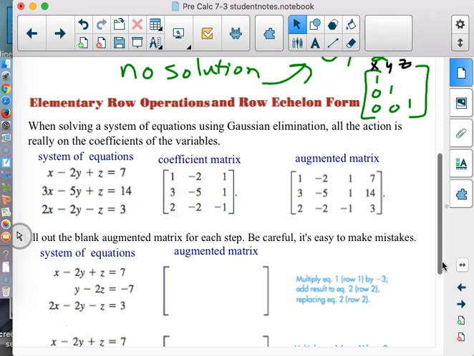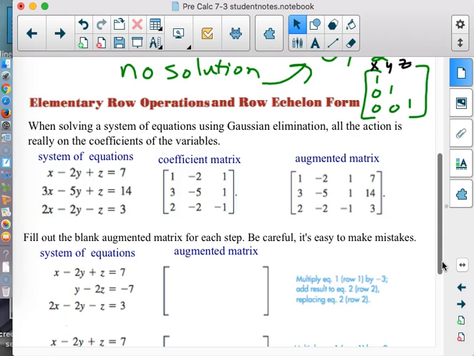So when solving a system of equations using Gaussian elimination, all the action is really on the numbers. The X's and the Y's and the Z's don't really matter to our solution. We could take them out of play, do all the math, and then put them back in. And that's the easiest way to keep track of everything.